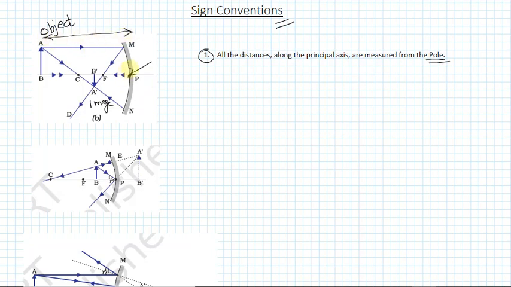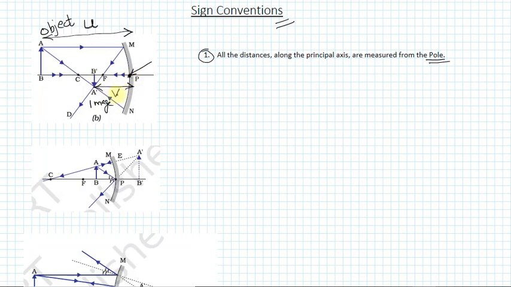Starting from P to A, parallel to the principal axis, this is object distance. In our convention, we usually represent object distance by symbol small u. Similarly, from P to A dash, this is image distance.